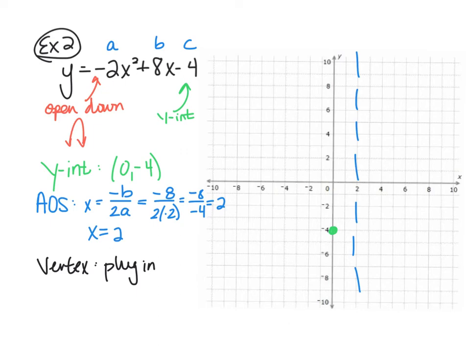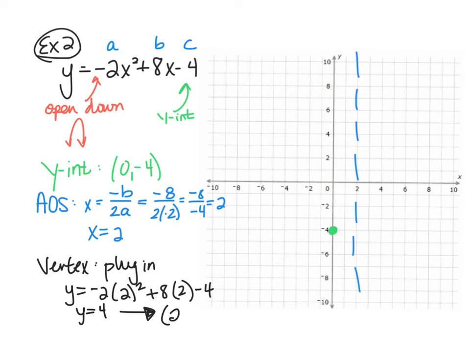So I'm going to do y equals -2 times 2 squared plus 8 times 2 minus 4. And when we work that out, we should get 4. So that's y equals 4. When I write my vertex, I plugged in 2 for the x value, and I got 4 for the y value. So I'm going to plot that point, (2, 4).